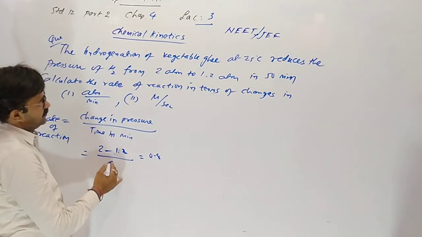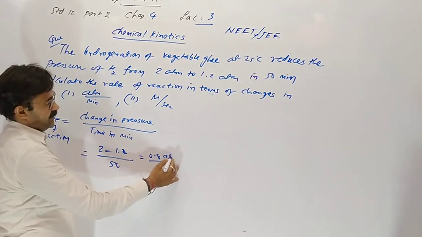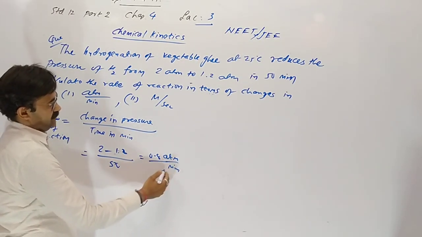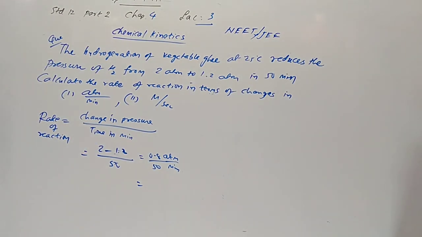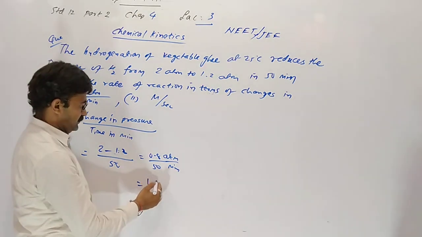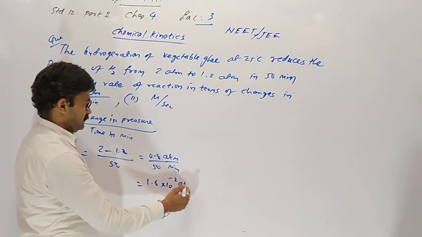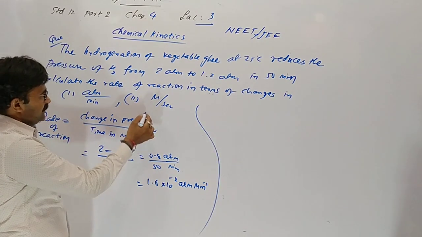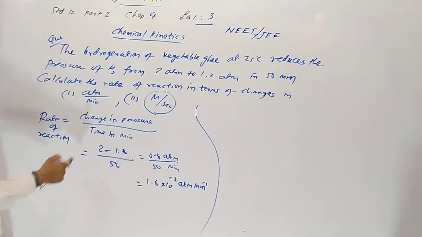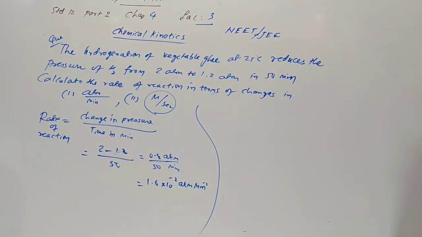In how much minute? 50 minutes. So atm per minute comes our answer. 0.8 divided by 50. So it will be 1.6 into 10 raised to minus 2 atmosphere per minute. Now we have to derive rate of reaction in molarity per second.